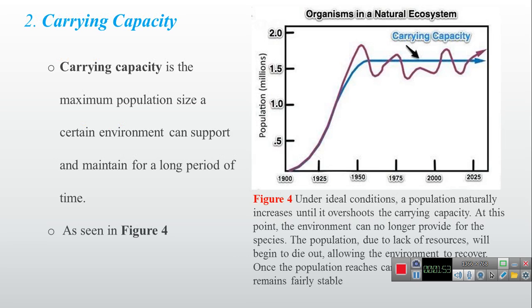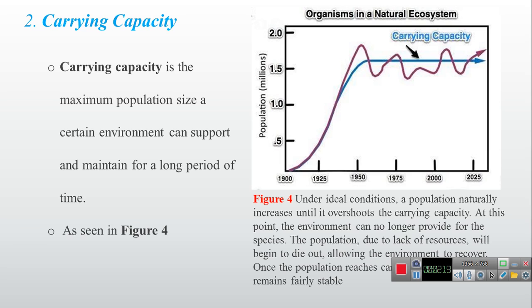Okay, carrying capacity is the maximum population size a certain environment can support and maintain for a long period of time. The picture shows the carrying capacity of one organism.